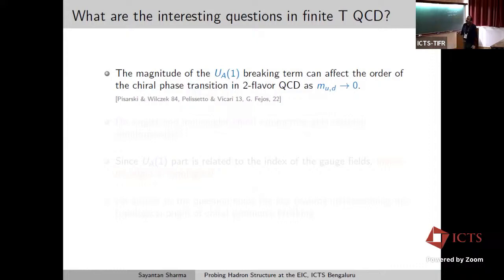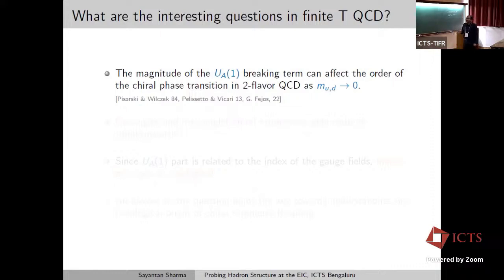In these studies, if one puts the UA1 breaking term to be 0 at the chiral crossover transition, then this chiral phase transition happens to be a first order phase transition, or it can be second order depending on the amount of breaking.